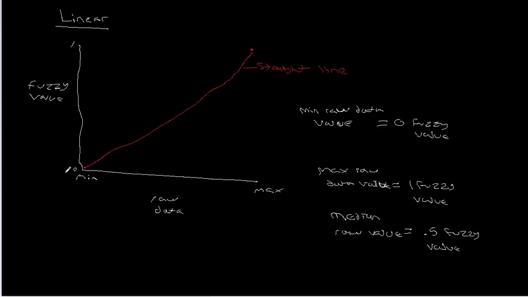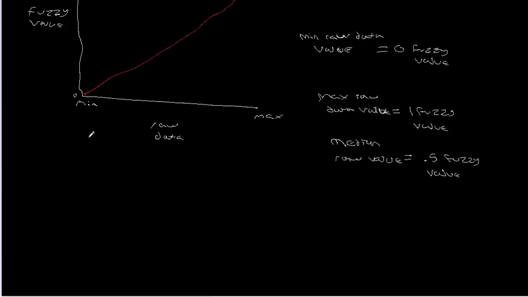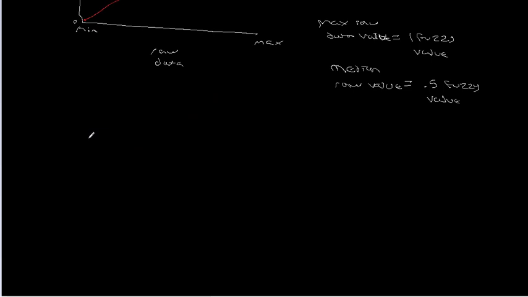Okay, so how can we tweak linear fuzzy membership? Well, what we can do is change the start point and the stop point for the linear interpolation. So we can change the minimum and maximum values. Let's see what that would look like.